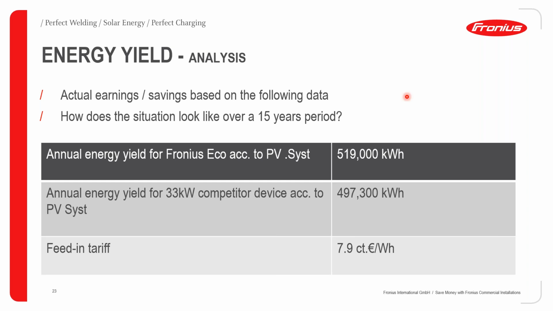But this projection shows us for the two categories of inverters, the 33 kilowatt passively cooled and the Eco actively cooled, with this kind of output per year, and then a possible feed-in tariff of about 7.9 cent euro per kilowatt hour.